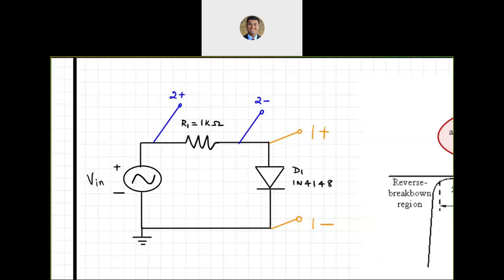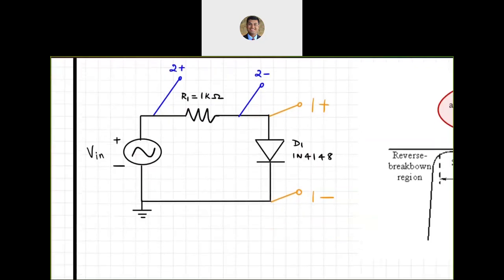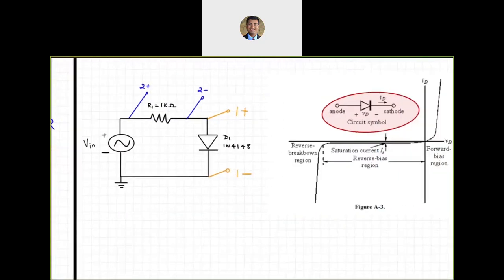What we are actually after is the voltage VD, the current-voltage characteristic of the diode. The component under investigation is the diode, and we need ID versus VD.